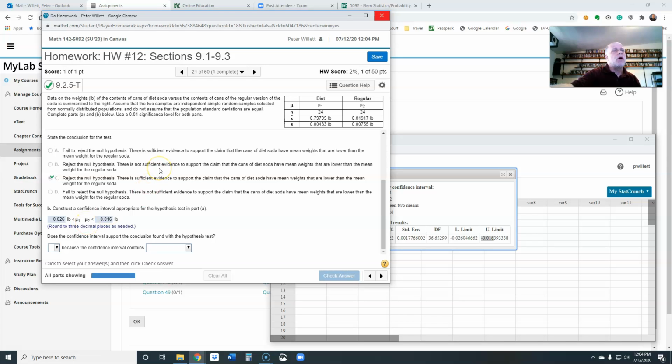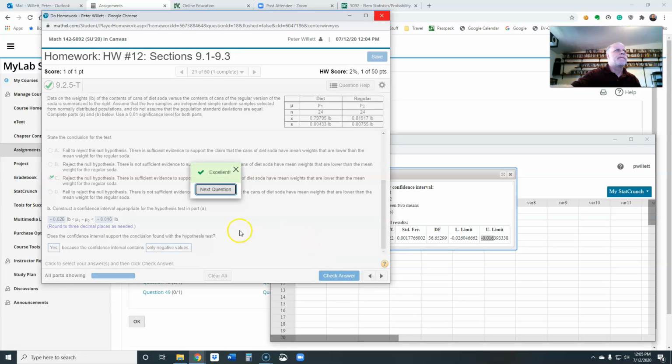And that's what our claim was. And that's in support of the hypothesis test conclusion. So I'm going to say yes, because the confidence interval contains only negative values. That's in support. And then that's it for this question.